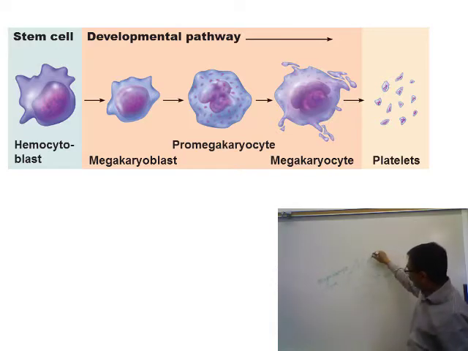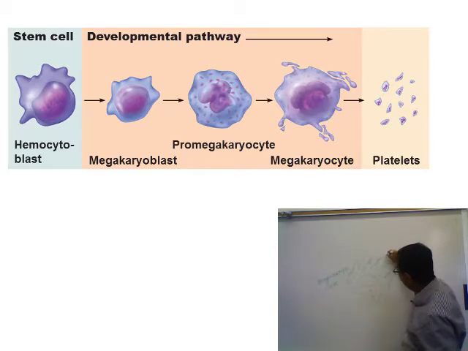The cell membrane gets separated with some granules in the cytoplasm and forms platelets. So, inside the platelet, you don't have any organelles. You have a small amount of cytoplasm and some granules. Okay, because they are actually the fragment of the membrane of megakaryocyte.